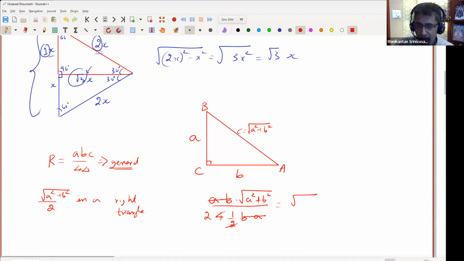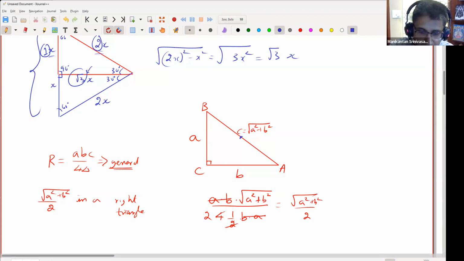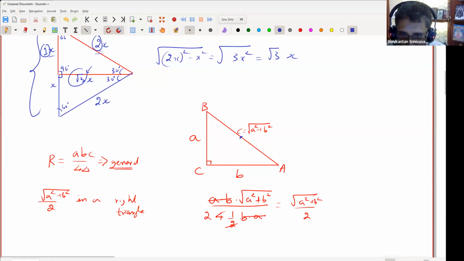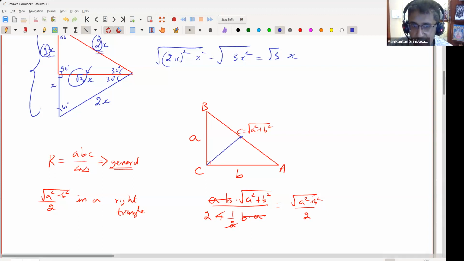So we get the square root of a square plus b square upon 2, which is exactly half of the hypotenuse. And therefore the circumcircle center will fall here. Let's say this point is D, so DC, DB, and DA will all be equal in length, right?